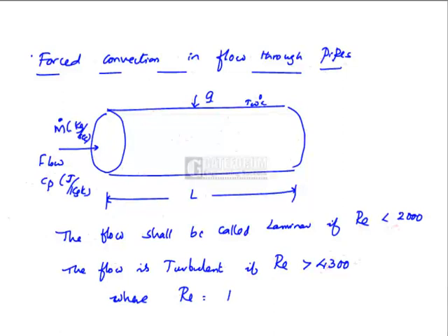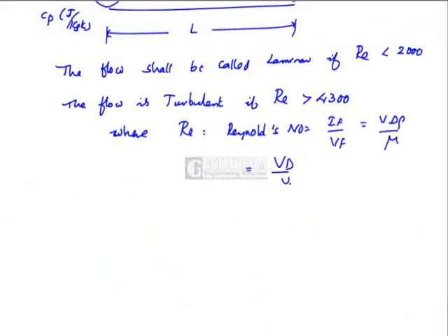Re is Reynolds number, which is inertia force divided by viscous force, which is given by Vd rho by mu or Vd divided by nu, where nu is kinematic viscosity of fluid given by mu by rho in meter square per second.